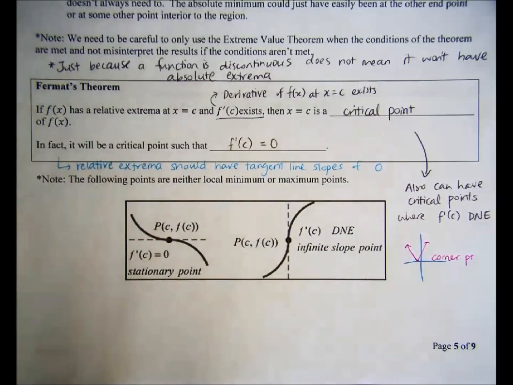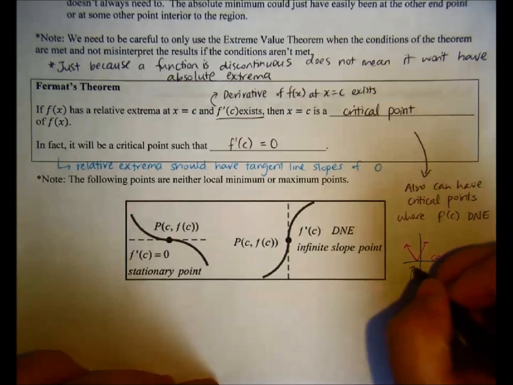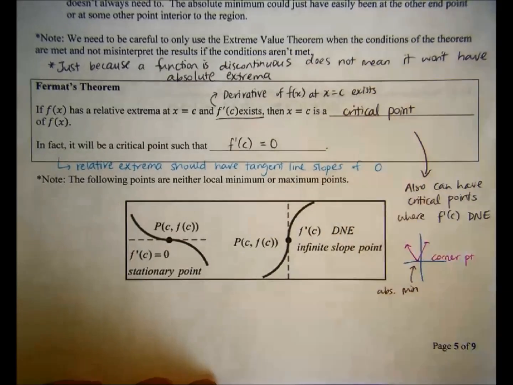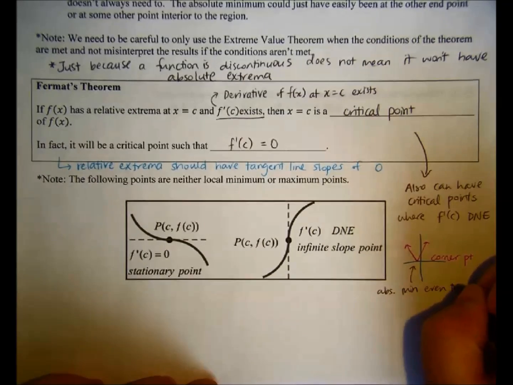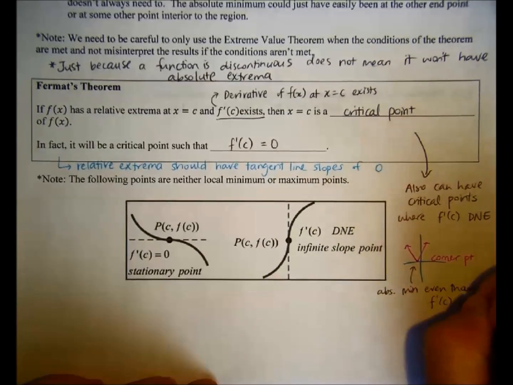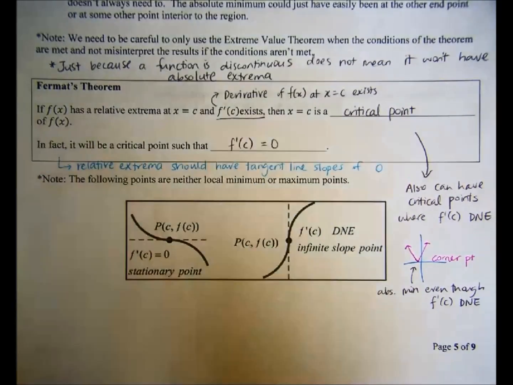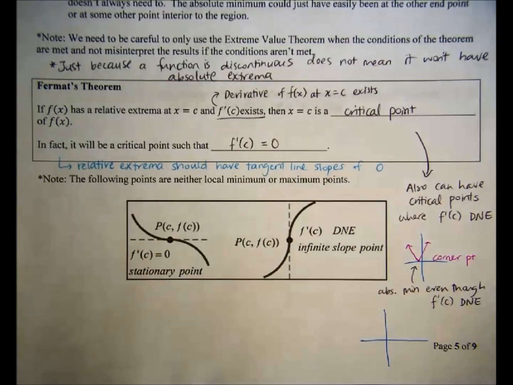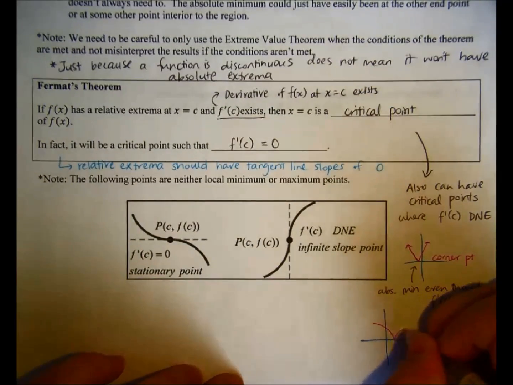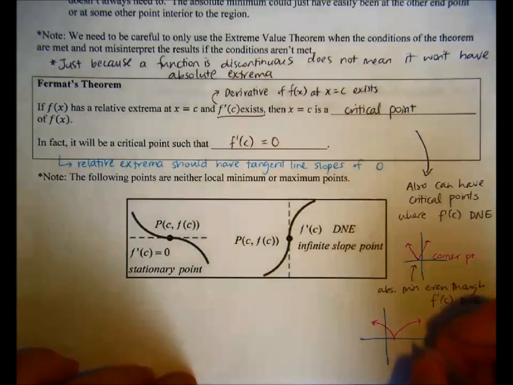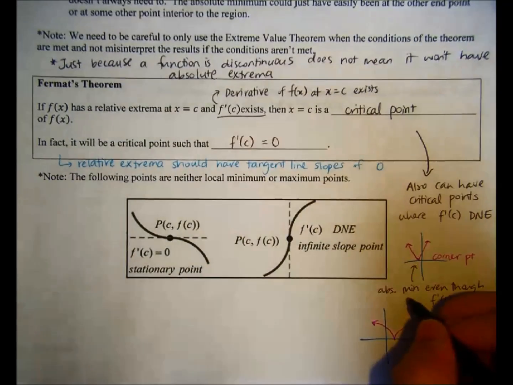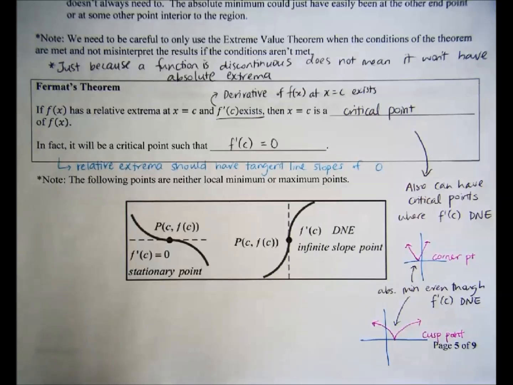Okay? So in an absolute value function, for example, this would be considered a minimum point, in fact, an absolute and a relative minimum, even though f prime of c does not exist. Okay? And another example would be a function that has a cusp point. Again, an absolute minimum, even though the derivative does not exist at the corner or cusp points.